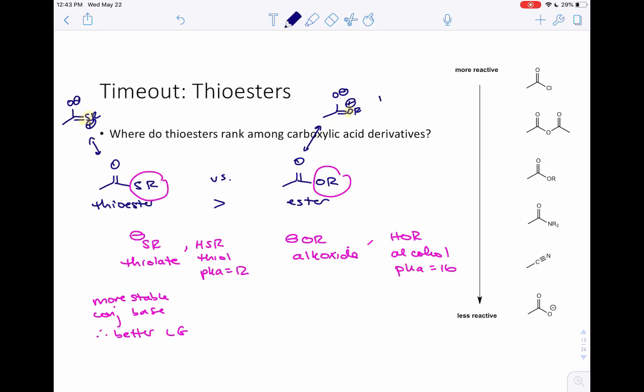And for an ester, this is a much more significant resonance structure. So the oxygen of the ester is donating to the carbonyl much more than for the thioester. Sulfur's in the third row, and it has poor overlap with carbon. The orbitals are not the same size. And so that resonance structure is not very contributing. And that ends up making the thioester more reactive than the ester.